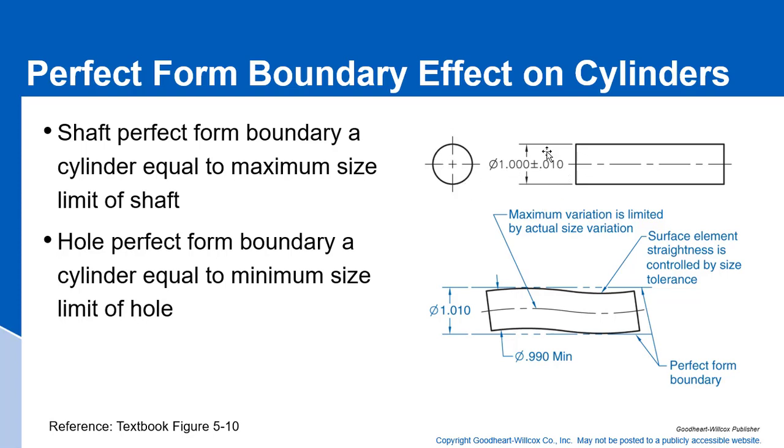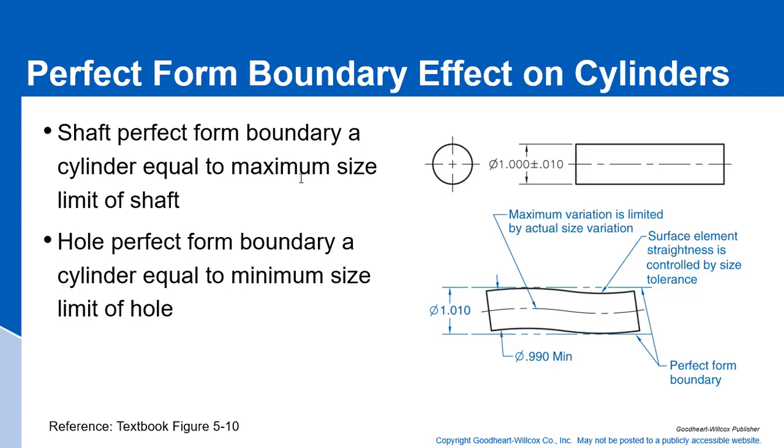Okay, so what we're looking at here is we have a shaft which is 1 inch plus or minus 10 thousandths, and so our perfect form boundary here is going to be 1 inch plus 10 thousandths, and then our maximum variation is limited by the actual size variation, which is plus or minus 10, or 20 thousandths total. Shaft perfect form boundary, a cylinder, equals the maximum size limit of the shaft.